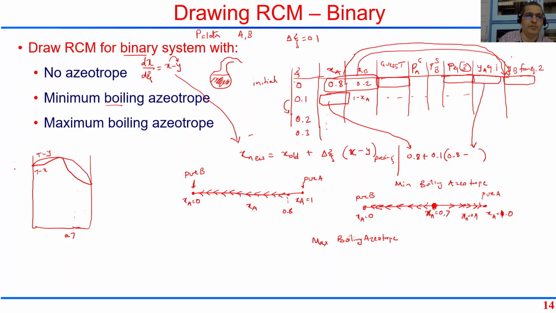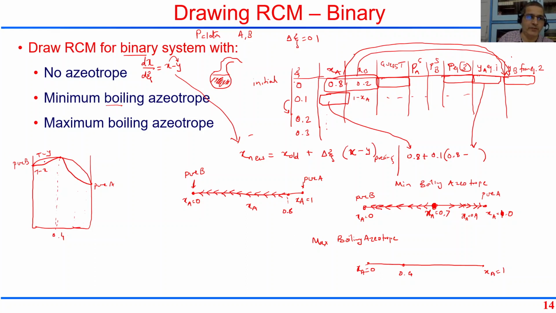This is pure B, this is pure A, and this is the maximum boiling azeotrope. Suppose the azeotrope composition is, let's say 0.4, just some value I'm taking just so that we can illustrate. So now if I want to depict it on a binary, this is our XA equal to 0, our XA is equal to 1 here, this is our 0.4, the binary azeotrope. It's a maximum boiling azeotrope.